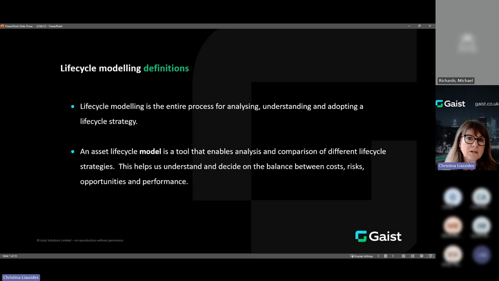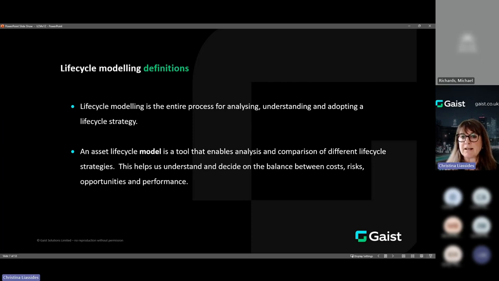The life cycle model generally refers to a tool that will enable analysis and comparison. And that could be all sorts of things. Sometimes it's as simple as a spreadsheet. Sometimes it's as complex as some really in-detail coding. But what the tool is doing is helping us understand and decide on how we want to put our strategy together.